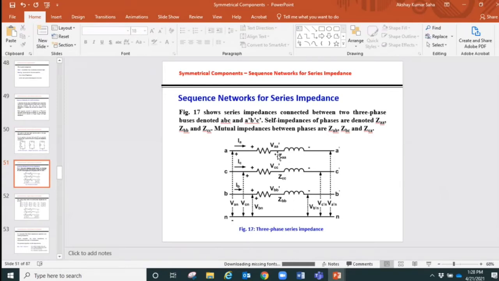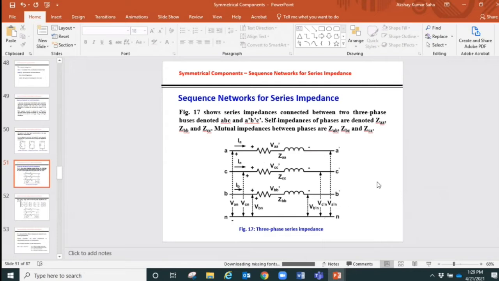Their voltage drops across them are due to the phase currents that are flowing there: IA for phase A, IB for phase B, and IC for phase C. And if the voltage drop is considered, they are labeled as VA to A prime, because the two terminals are labeled as A and A prime. The similar procedure is followed for the other two phases, B and B prime, C and C prime. Of course, we must note that we also considered a neutral line here. So all those phases will have their respective phase voltages: VAN, VBN, and VCN, and so on.